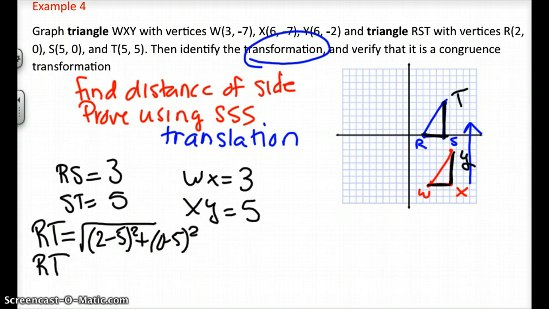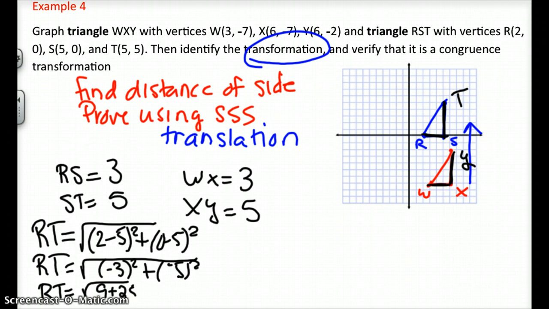RT equals, I'm communicating my mathematics, I'm showing my work, -3 squared plus -5 squared. RT equals, I'm getting the square root of 9 and 25. So my RT equals root 34. Now, if I need to simplify that radical, I'm not going to write a decimal down. 34 cannot be simplified, so I'm going to leave that in radical form.